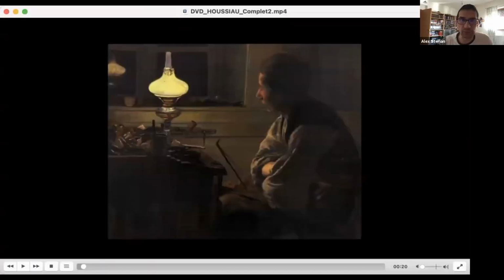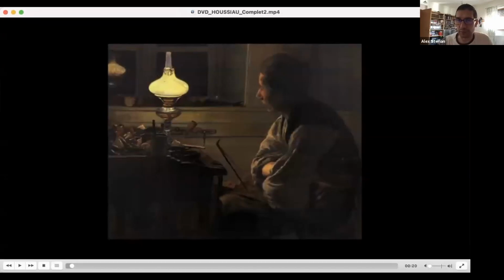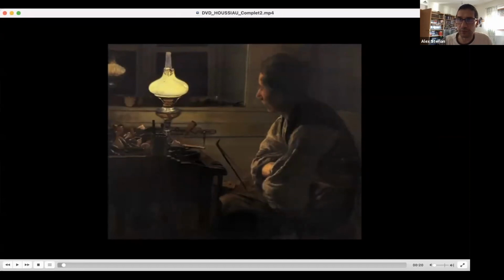Of course, it's very hard to understand now why it's so difficult to make it on film, but it's a different workflow, and it's hard to do things which today are very easily achieved through digital technology.